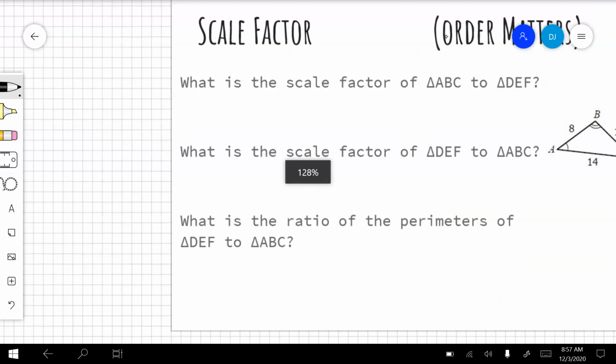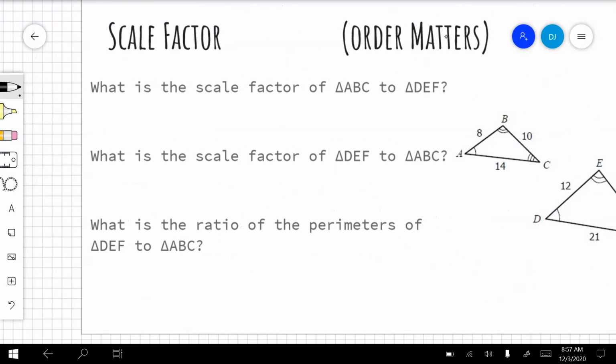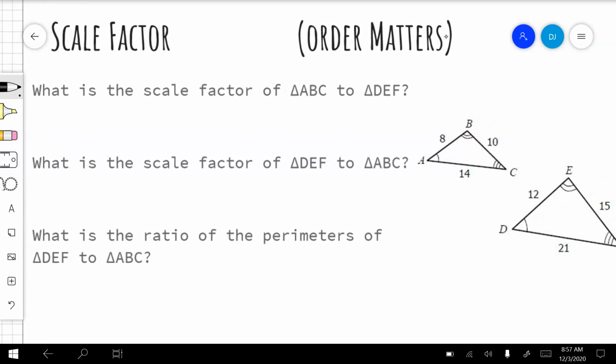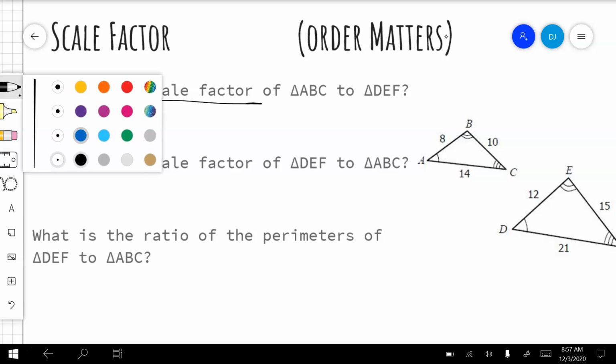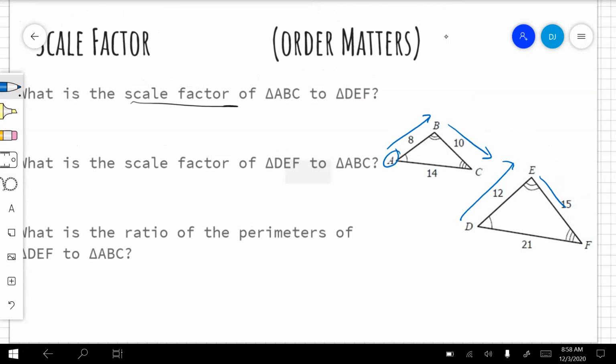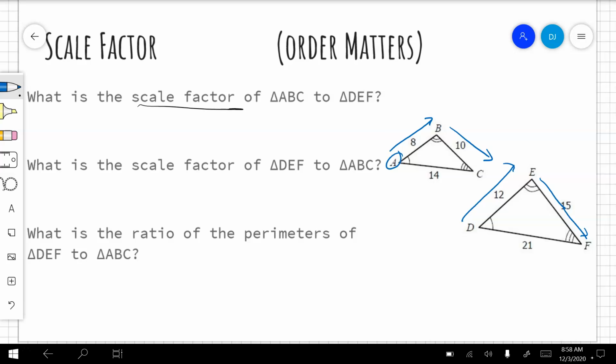Now, looking at scale factor. Scale factor is basically the ratio of corresponding sides. So we're looking for the scale factor of triangle ABC to triangle DEF.